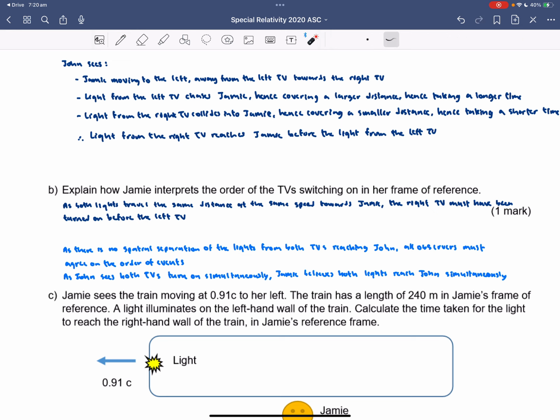And that is why the light from the right TV reaches Jamie before the left TV, according to Jamie.